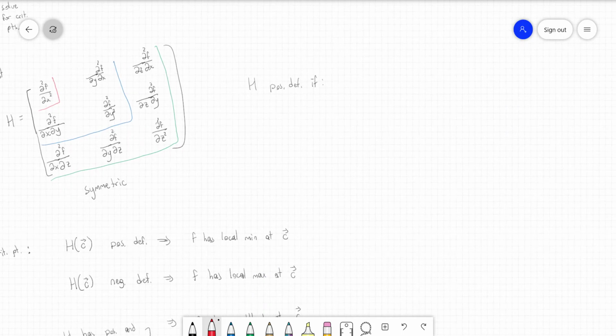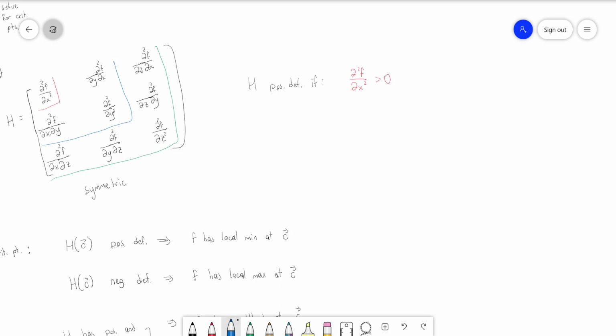So that means you would need the determinant of this 1 by 1 upper left submatrix. And the determinant of a scalar is just itself. So you would need this to be positive, the second order partial of f with respect to x. But then you also need this 2 by 2 determinant to be positive.